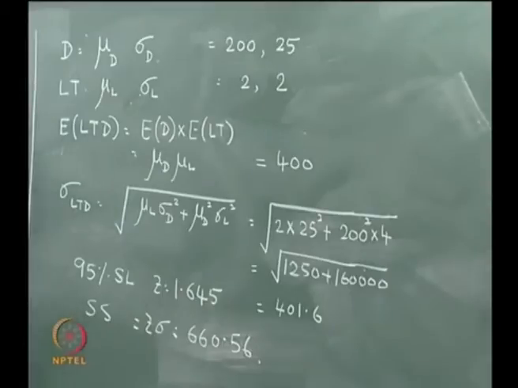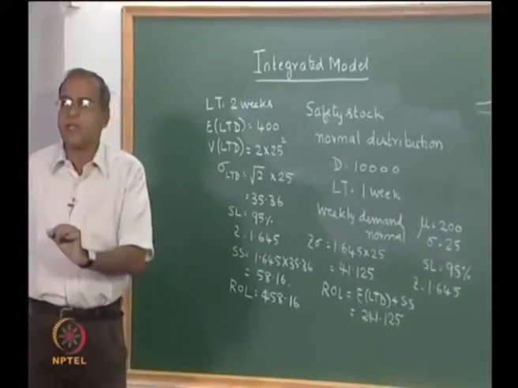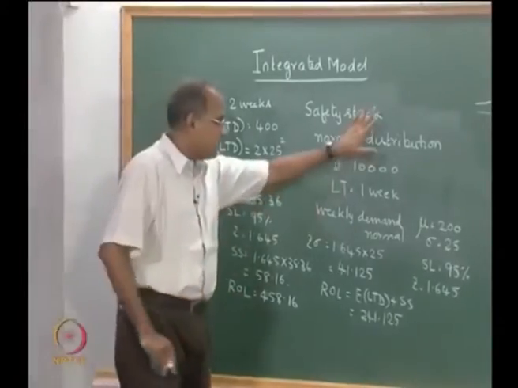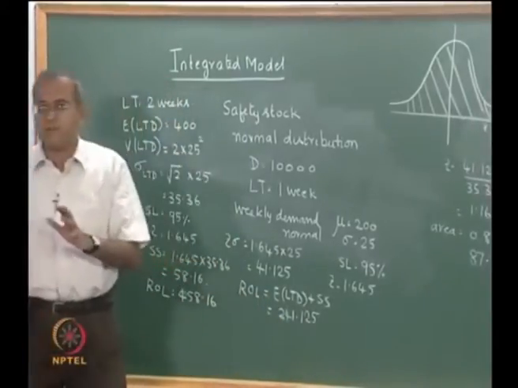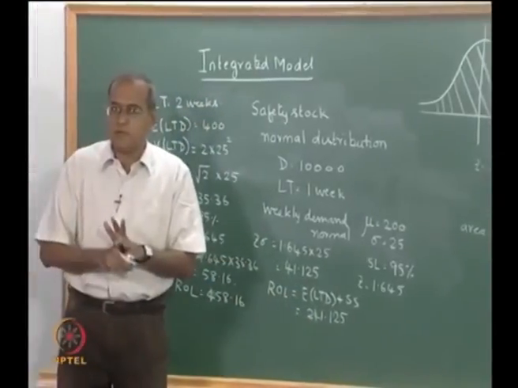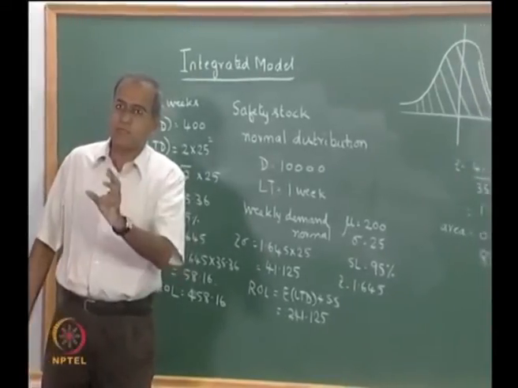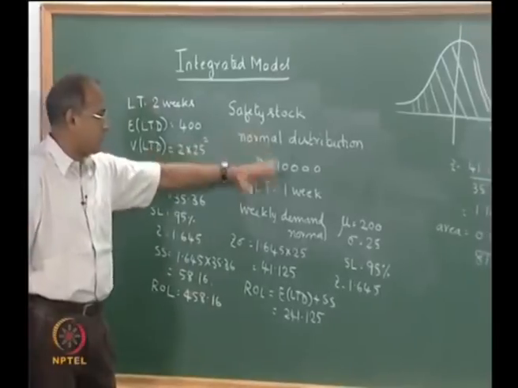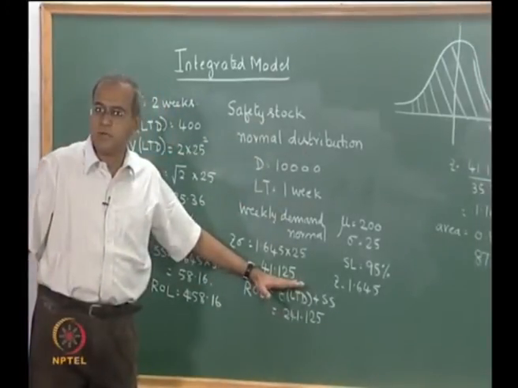So the lesson is this. Now if we have to choose between suppliers, the ideal situation is something like this, where the lead time is small, the lead time is deterministic, the lead time does not show any variation. So once the lead time is small, all we do is simply have a very small amount of safety stock.